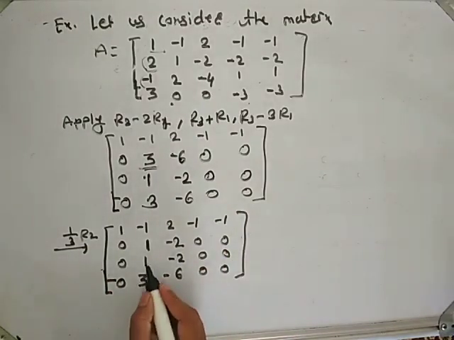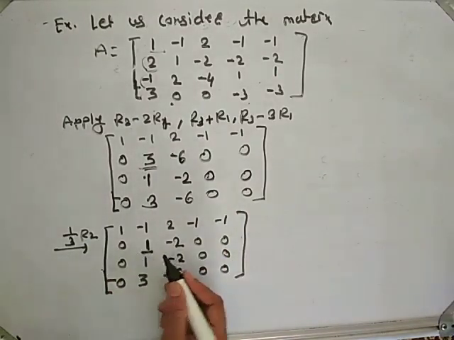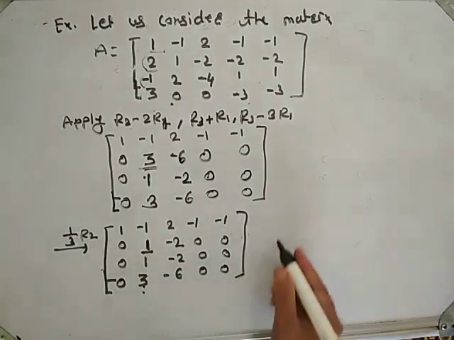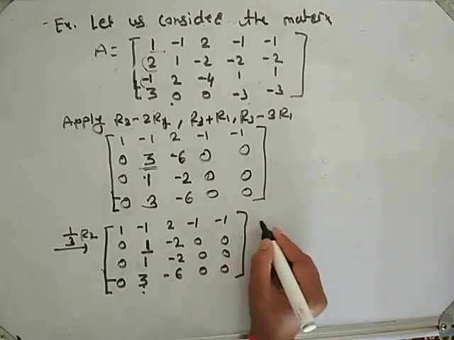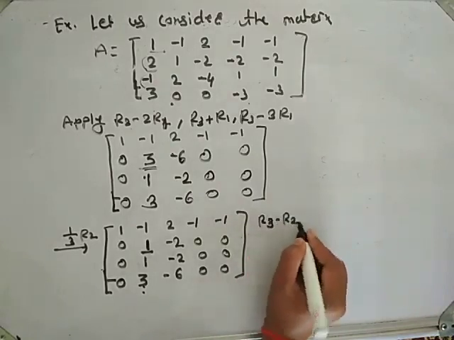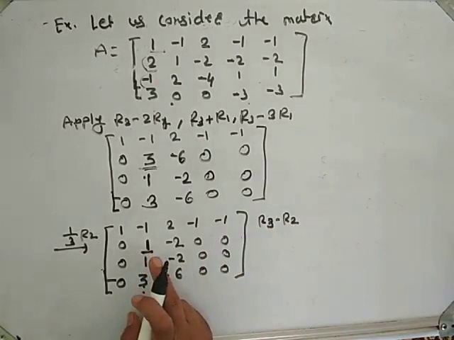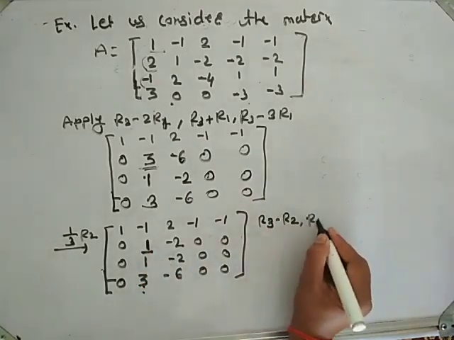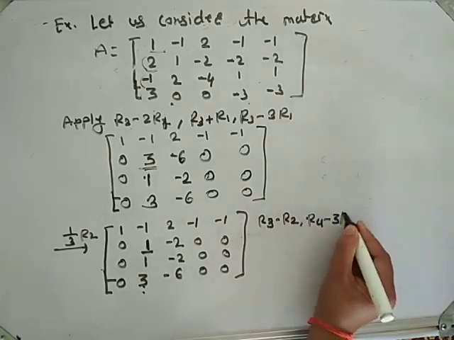So this is a leading one for the second row. Yes, so here we require 0, here also we require 0. For that purpose, we perform the row operations R3 minus R2, and one more operation R4 minus 3R2.